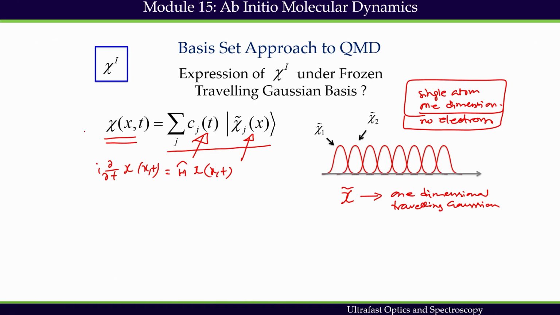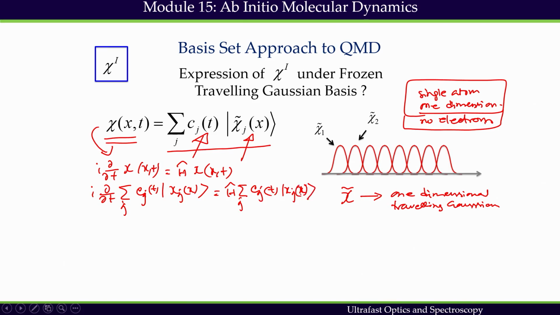So if I have this situation, then I can plug that in here, and what I can write is i partial derivative with respect to t of the summation of c j, that is the index, as a function of t, times chi j of x, equals H acting on the summation of c j of t, chi j of x.